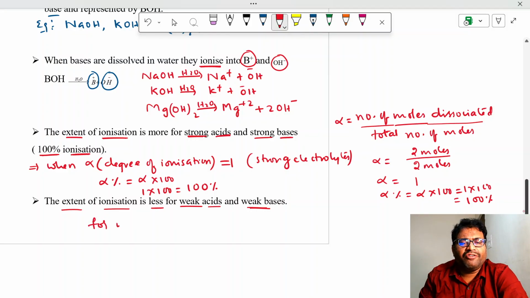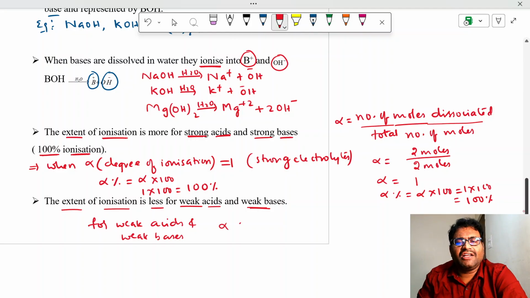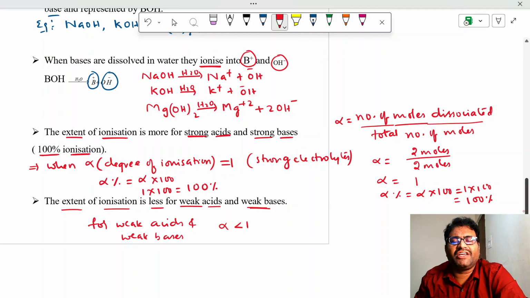For weak acids and weak bases, alpha is less than 1. It can be whatever, but it is less than 1. It is not dissociating completely. It can be 0.3, 0.2, 0.1, 0.001. So for a strong electrolyte alpha is equal to 1, whereas for a weak electrolyte alpha is not equal to 1. It is less than 1.